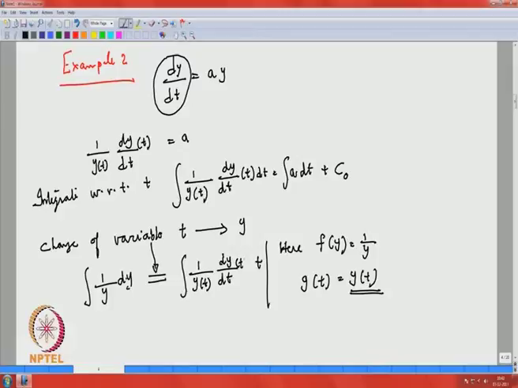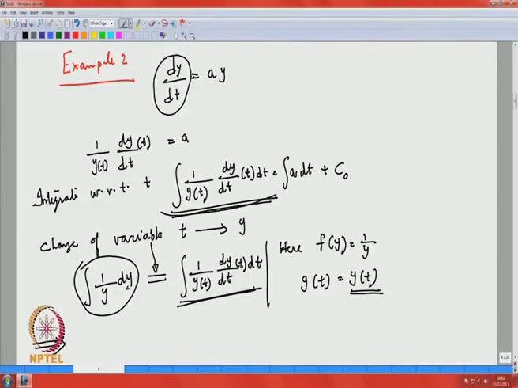I have t into dt, you see, and this is nothing but the left hand side of this one. So, hence if I substitute this for this term, I will write the integral of 1 over y dy is equal to the integral of a dt plus c naught, you see.